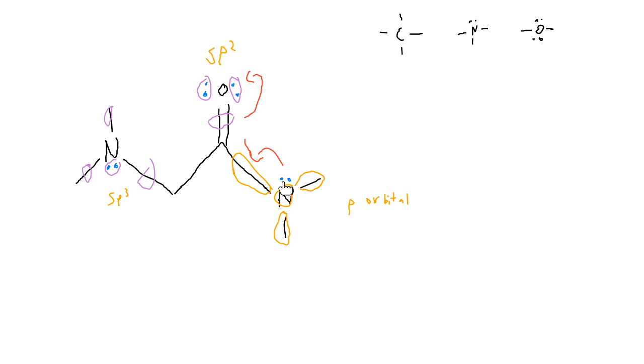So imagine a negative charge on nitrogen or some atom 1 carbon away from your double bond. That indicates that you can resonate. Whereas this nitrogen with its quote-unquote negative charge is too far away. It's 2 carbons away from the double bond. Okay?